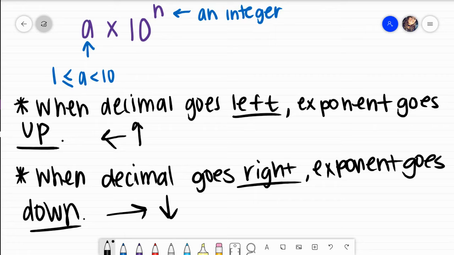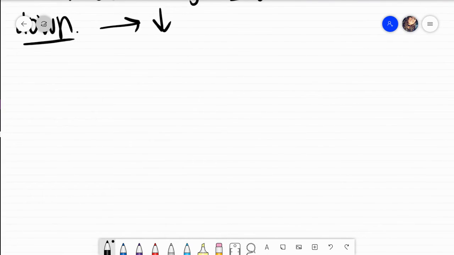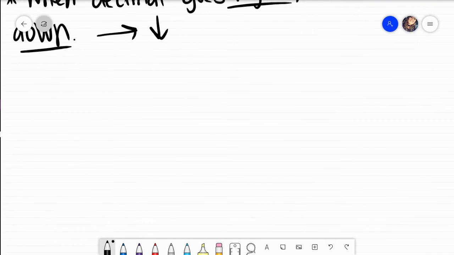Okay, so I'm going to show you an example of both. I'm going to write it first. Y'all should have your notes in front of you. Let's do an example. I'm going to show you a standard notation, and then we're going to convert it into scientific notation.